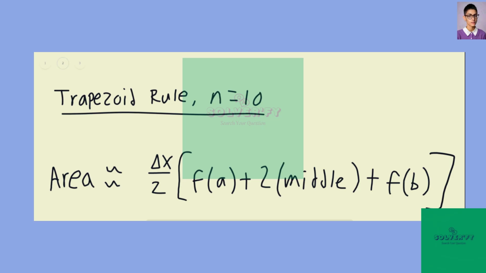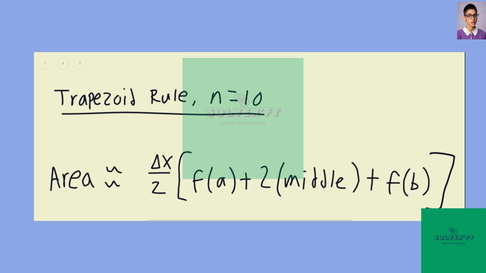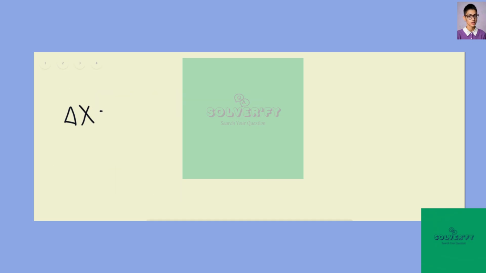So, doing this, we see that area is approximately, well, what is delta x? So, let's do a little aside here. Delta x equals 20 minus 0 over 10, which is equal to 2.